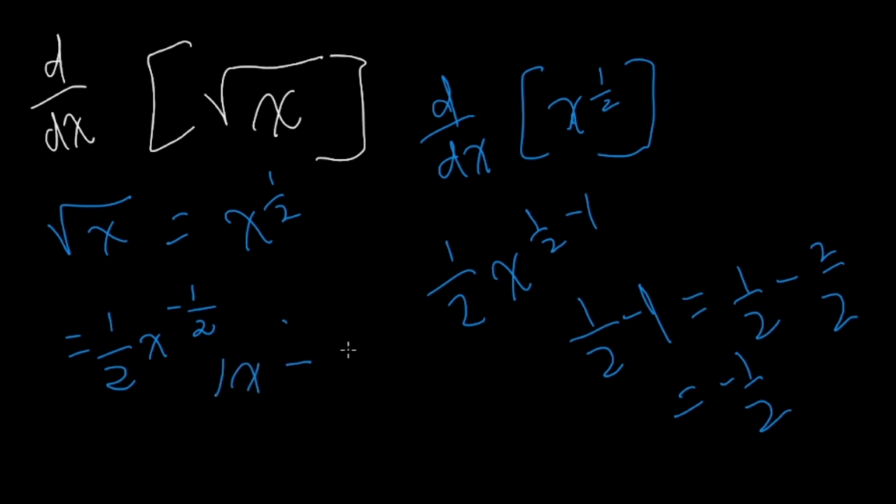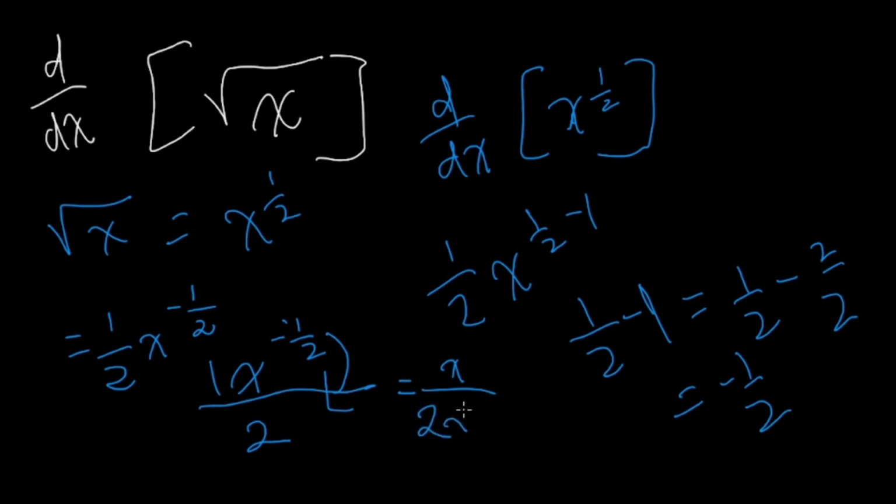We bring the x to the power of negative 1 over 2 down, and so we get 1 over 2 times x to the power of 1 over 2.